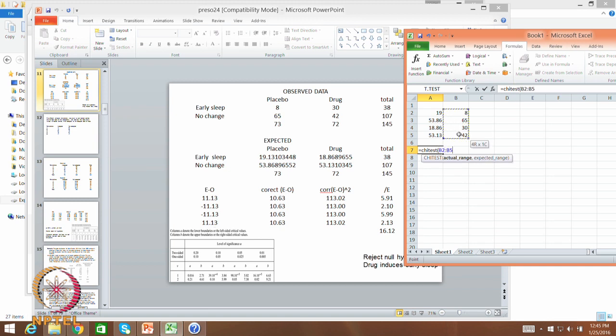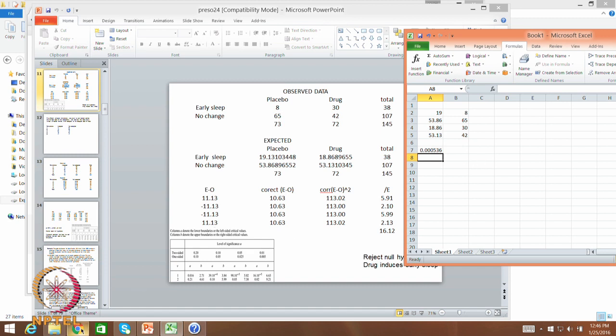Observed is this, and the expected is this. So, I get a very small p value. So, I reject the null hypothesis. So, this is the observed, this is the expected in this particular problem. So, we can reject the null hypothesis.